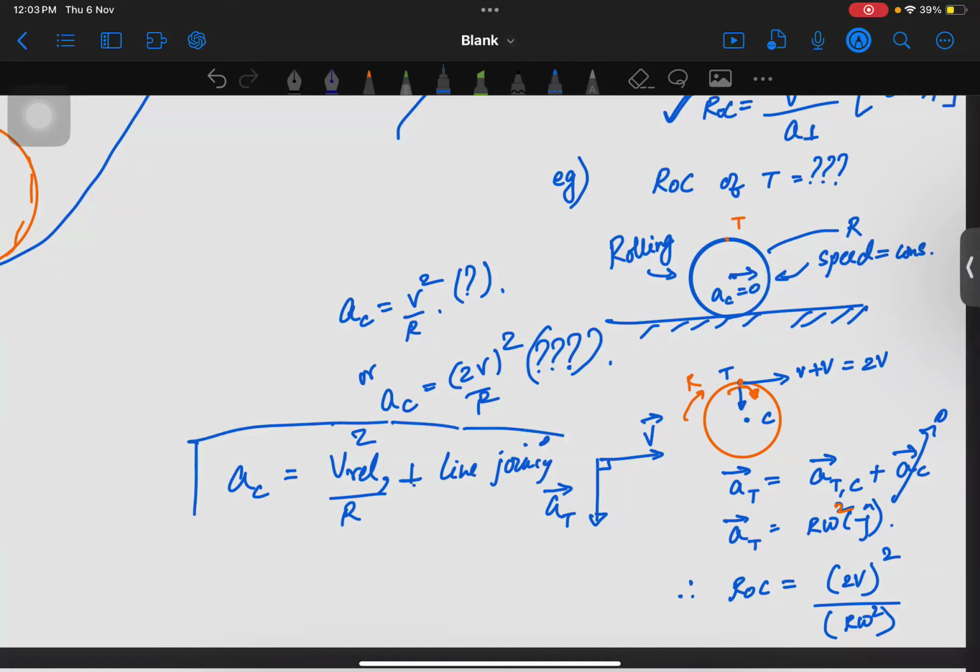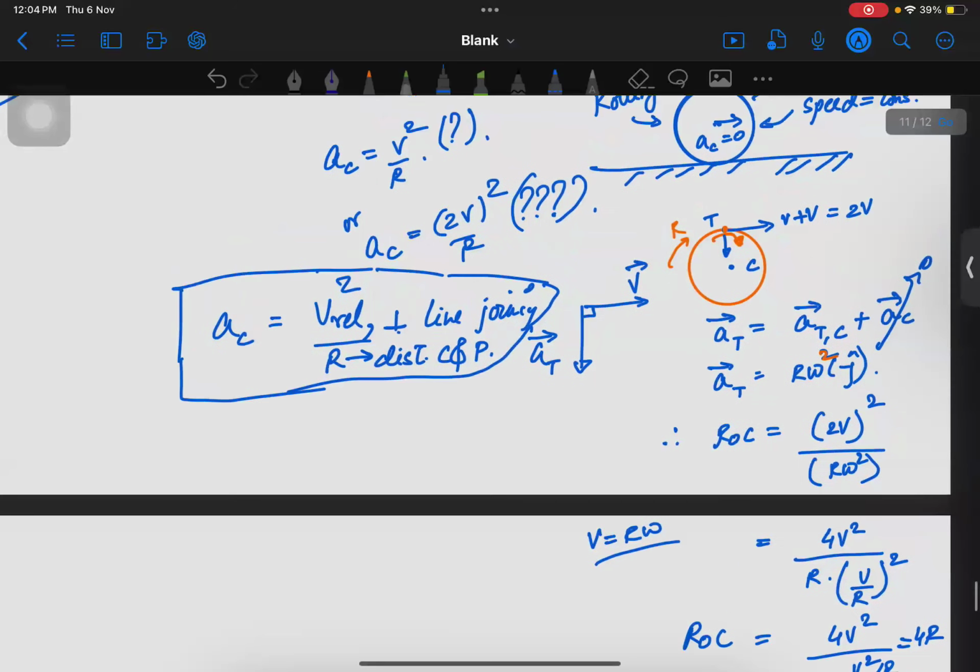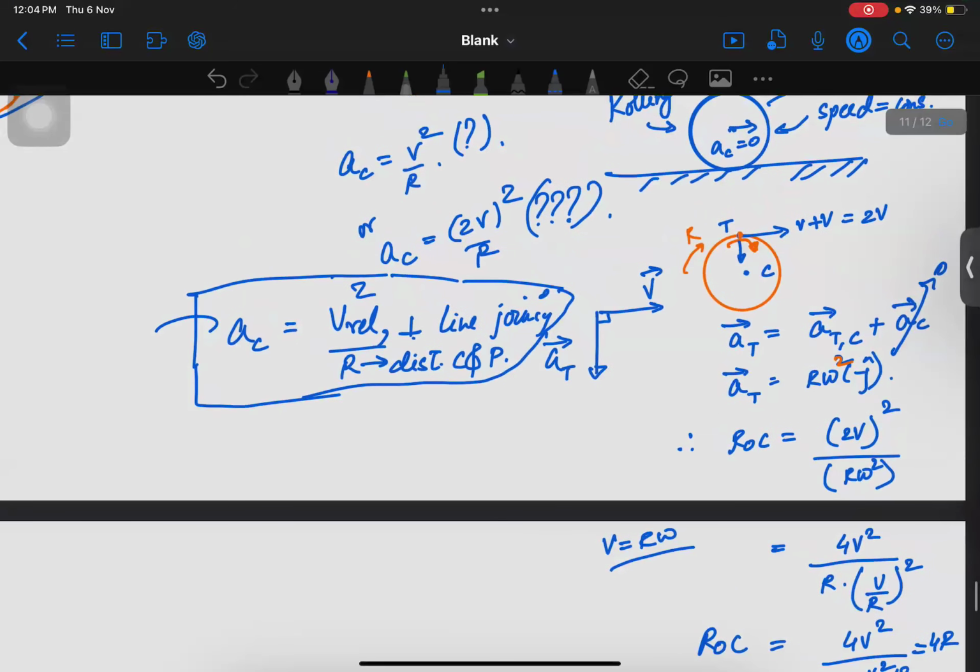v relative square divided by r, where r over here is the distance between the center and the particle's location. This is your quantity. If you, instead of r omega square, were to write it this way, let's check whether we get this value or not. What is the v relative between the top and the center?